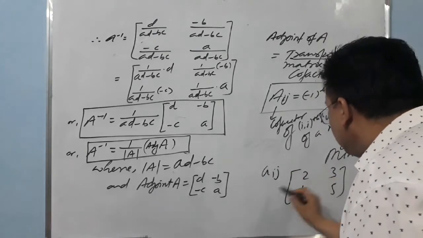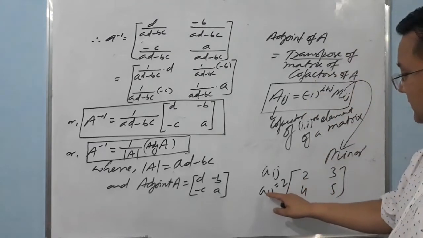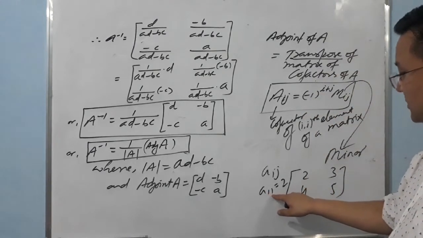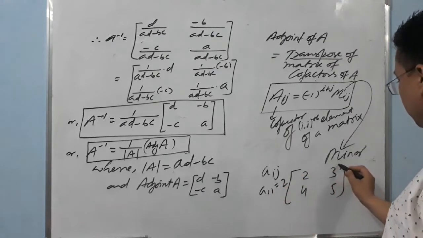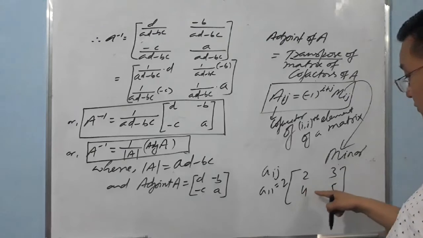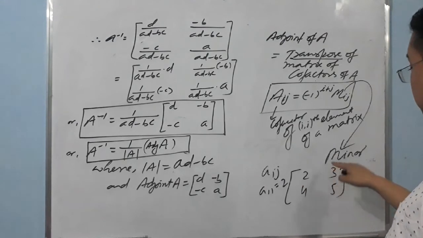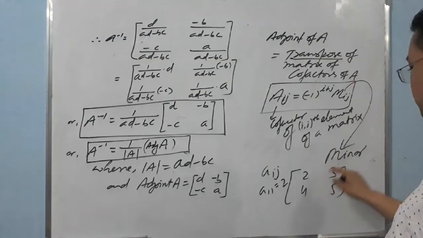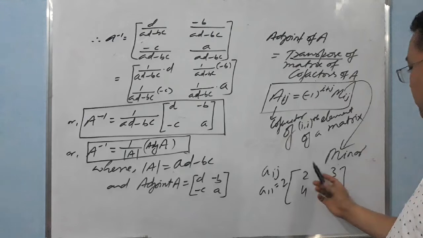So here A11 is equal to 2, the element in the first row, first column. This is A12, the element in the first row, second column. This is A21, the element in the second row, first column.